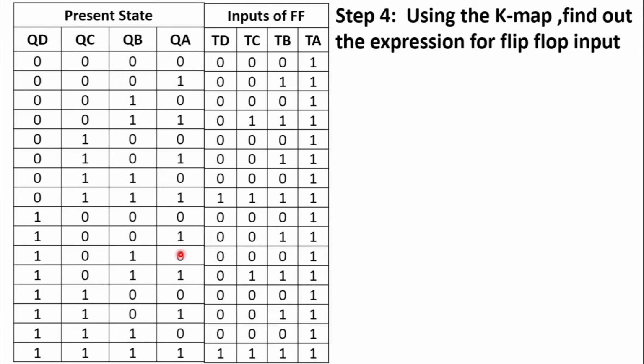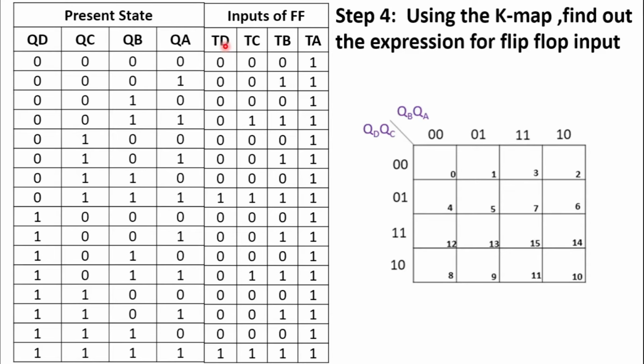Again, I have drawn the same table here, and one by one I will draw the K-map for each input. So first we will go for the K-map to find the expression for TD. So this is the K-map. The inputs are QD, QC, QB, QA, that is these 4 are the inputs, and as 4 inputs are there, obviously it will have 16 different cells.